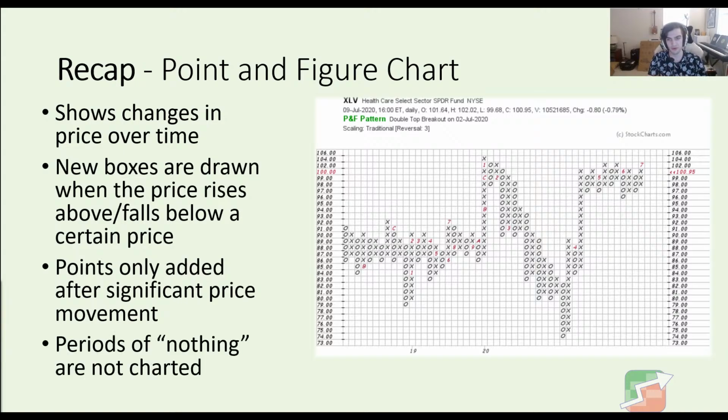So what this results in is we have periods of nothing, where the market may just have a flat day, flat week, and that's normal. The market is not going to make a millionaire or break a millionaire in 1 day.